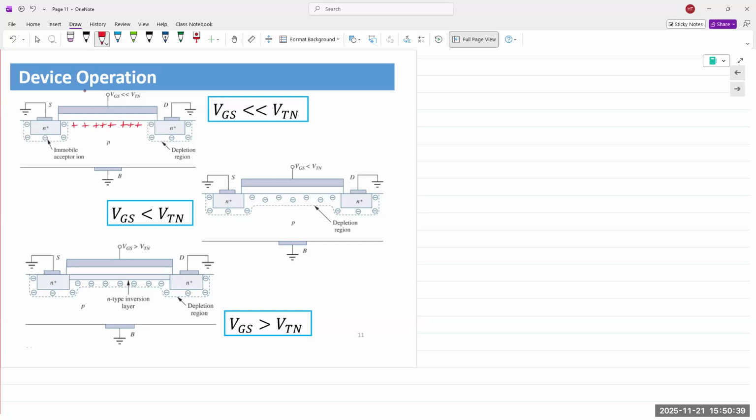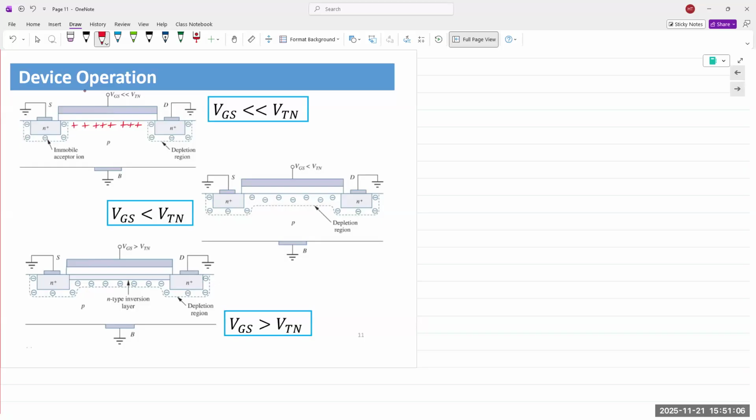So no channel exists between the two. The goal is to have current flowing between drain and the source. If VG is far less than the threshold voltage VTN and you apply a voltage between drain and the source, nothing is going to flow. There's no channel, so there is no flow. You could apply as high a voltage as you want. You could probably end up blowing out the device, but nothing will happen.